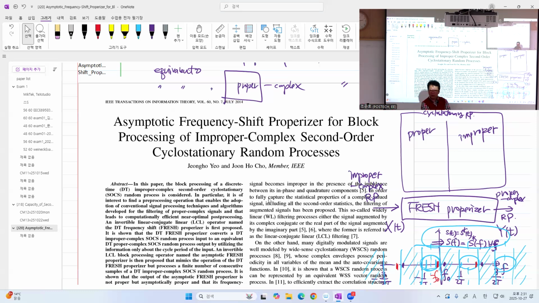Okay, then what is the capacity of a cyclostationary Gaussian random process channel with cycle period T? In that case, we will have the same results, something like that.